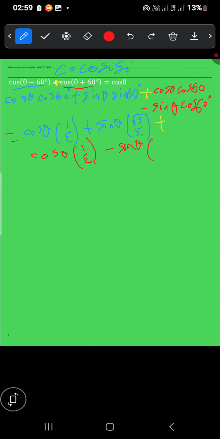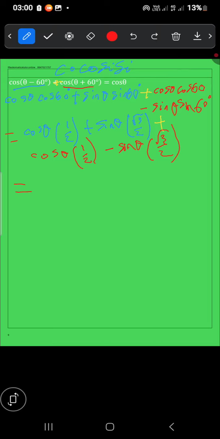Here somewhere we made a mistake. So this one is supposed to be sine. Remember, Coco CC. So this is supposed to be sine 60. Sine 60 is root 3 over 2. Right.